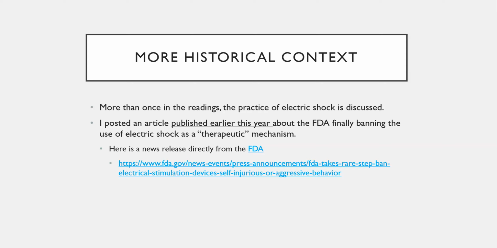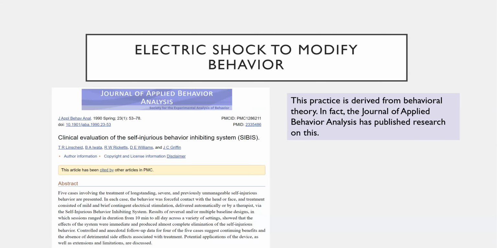It's very, very interesting, and the reason why this is important in what we're talking about right now, one, because it has come up in your book, and also this is a practice derived from behavioral theory. So in fact, the Journal of Applied Behavior Analysis has published research on this.